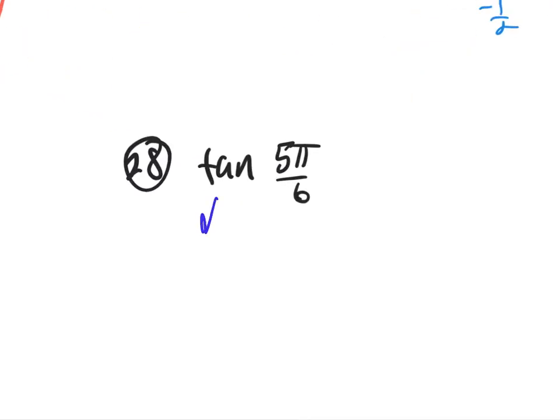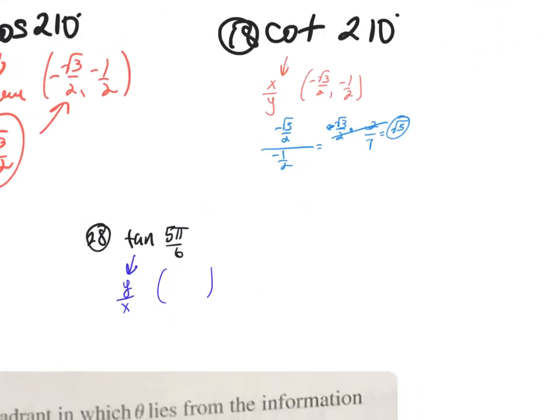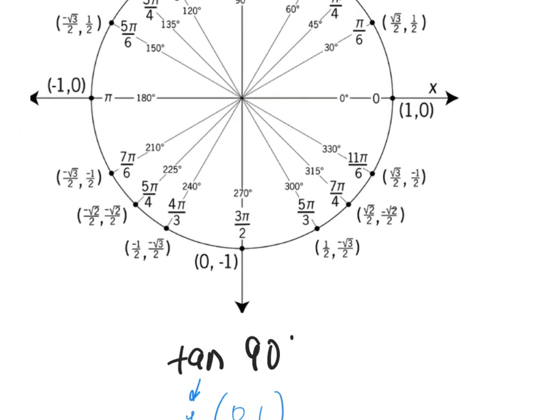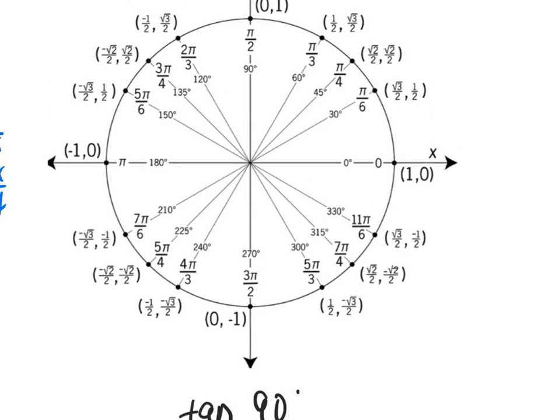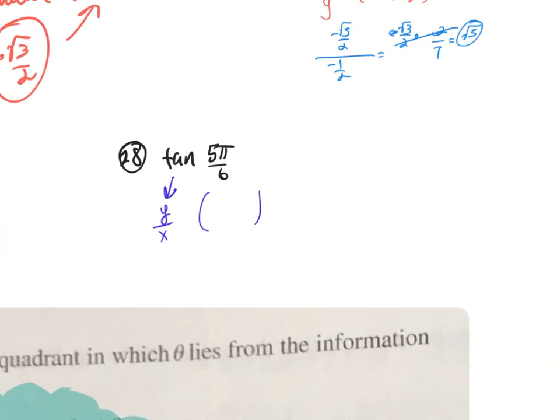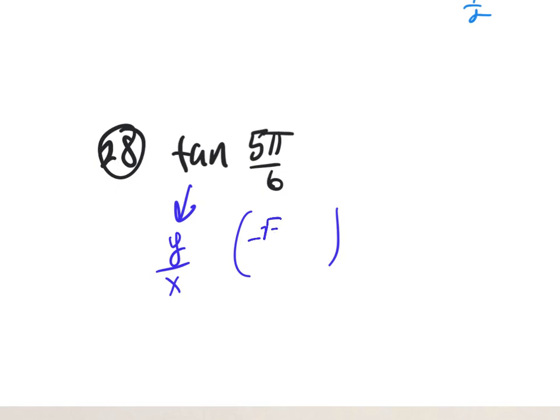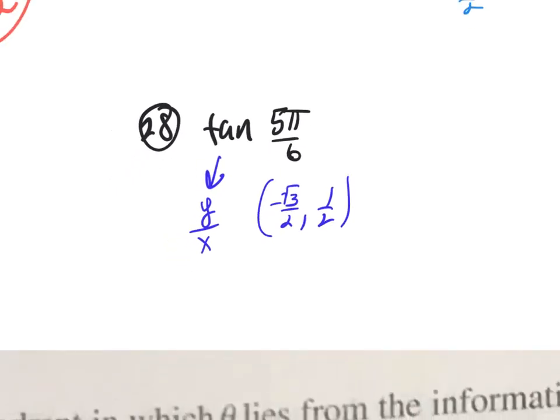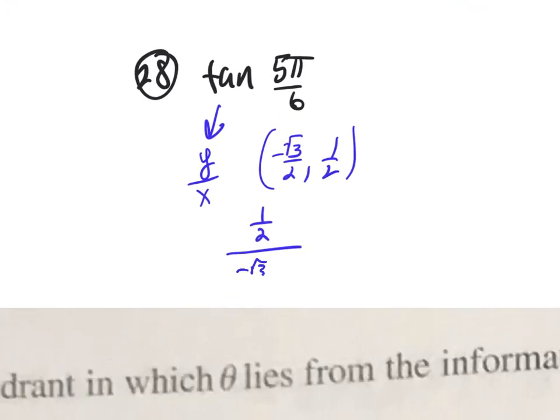5 pi over 6, tangent. Tangent is y over x. The ordered pair at 5 pi over 6 is negative root 3 over 2, 1/2. So to set this up, I would say y, which is 1/2, divided by negative root 3 over 2.